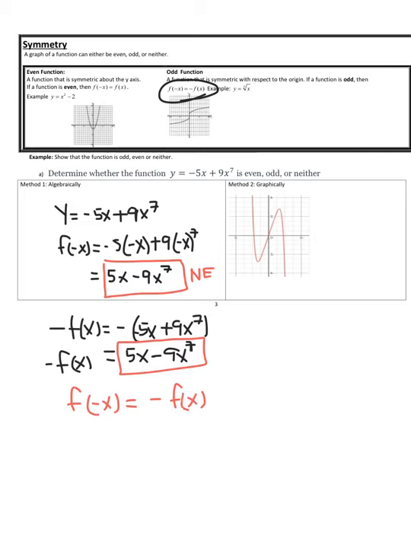According to the definition, it means the function is odd. And how can I see the same thing graphically? If it is odd, then it is going to be symmetric about the origin. And you can see here, this is symmetric about the origin. This is the point of symmetry. So it is confirmed this function is odd.